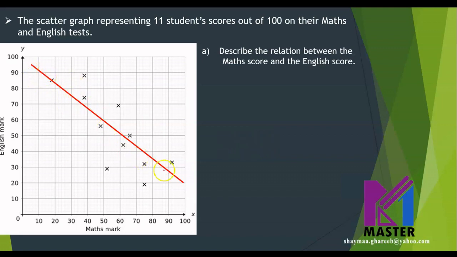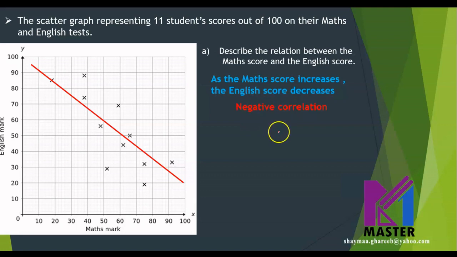From the direction of the line and the direction of the pattern of the points, we can say this relation is showing us negative correlation, which means as the math score increases, the English score decreases, or as the English score increases, the math score decreases. So this relation is negative correlation.